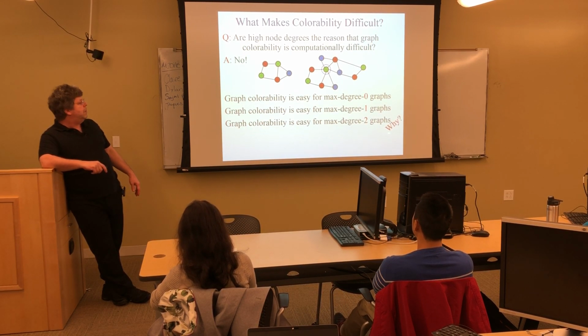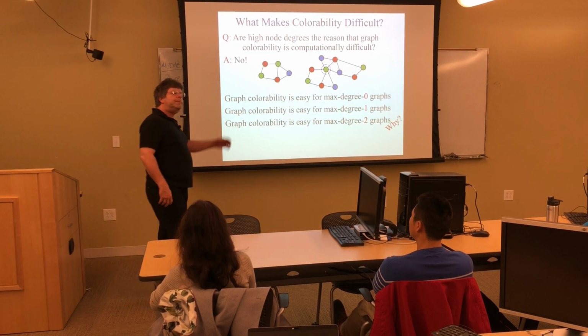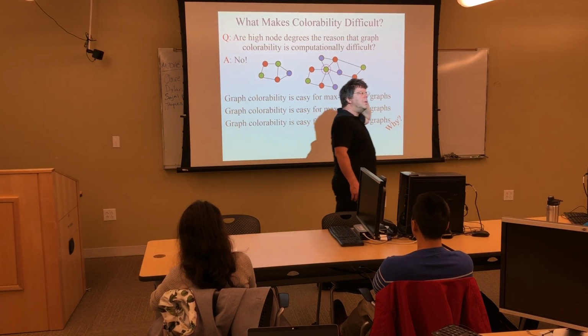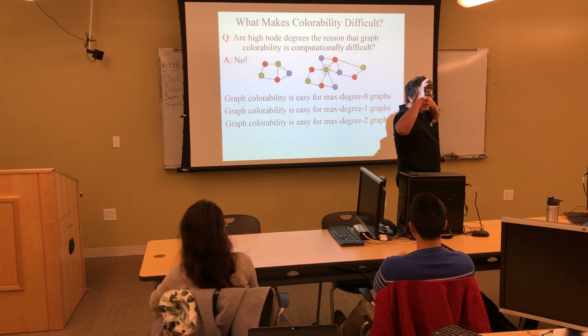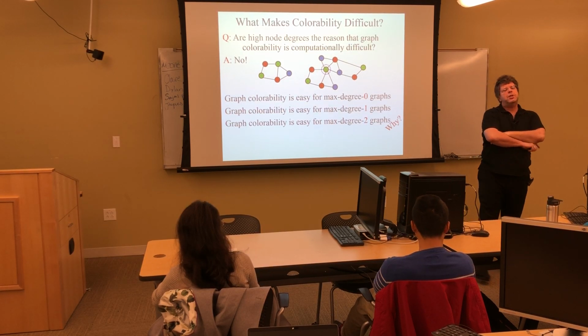Here's an even less trivial example. Max degree 2. What's your algorithm now? I give you a max degree 2 graph and ask you, is it 3 colorable? I'm going to say a max degree 2 graph is always 3 colorable. How many say it's always 2 colorable?